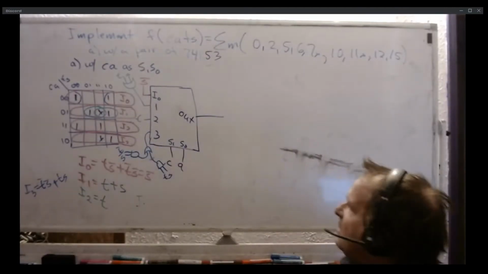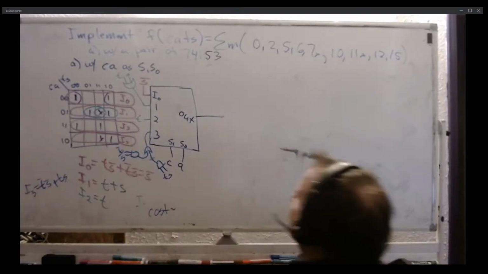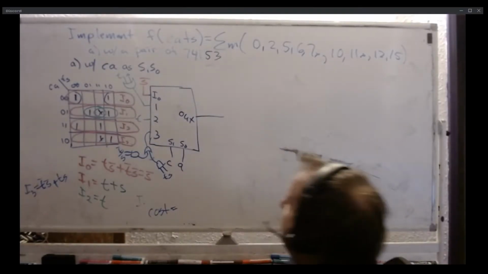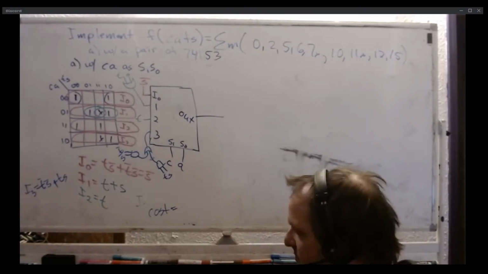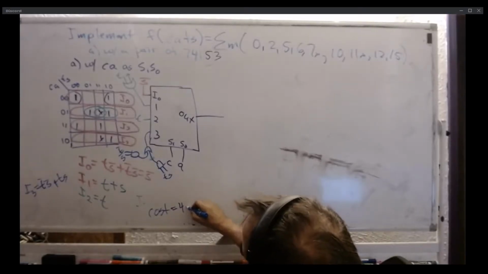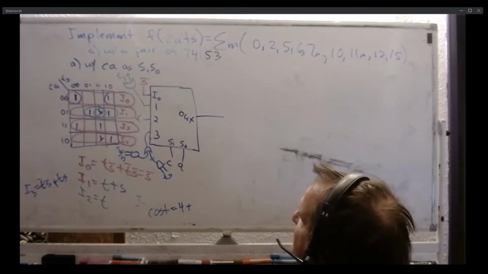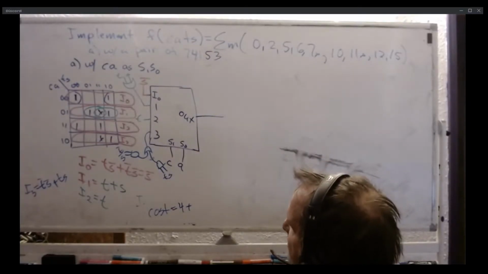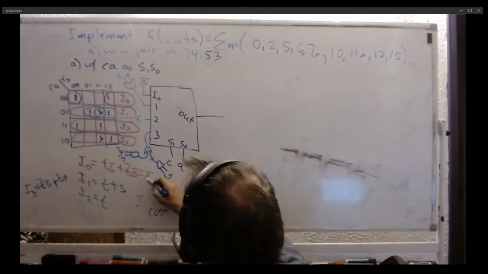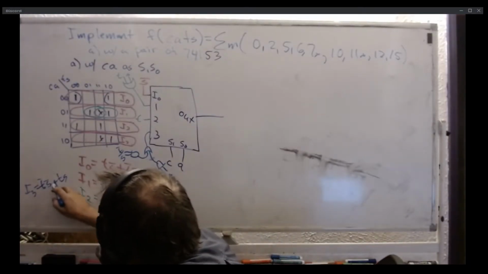What's the cost, guys? How many mux inputs do we have? We have 4 inputs. How many literals in the expressions do we have? 4. 1. Oh, my bad. That's not 1, it's 1, 2, 3, 4, 5, 6, 7, 8.